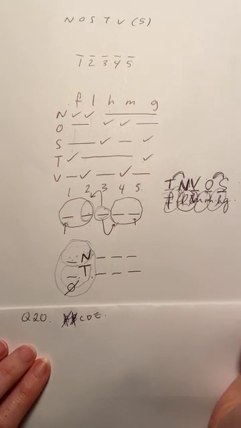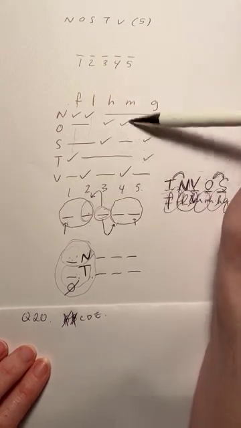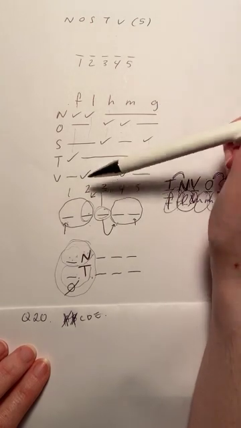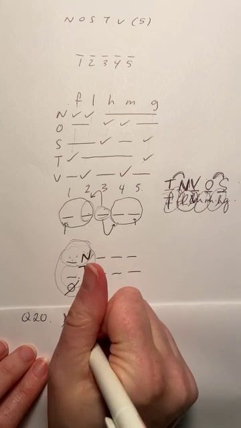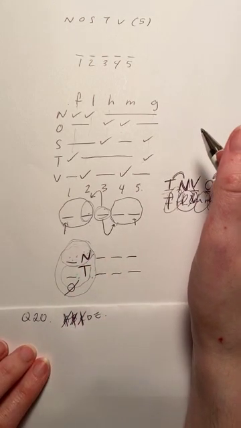If we have O between N and V, do O and V have something in common? They do. Do V and S have something in common? They do not. So C won't work because V and S should have one in common.